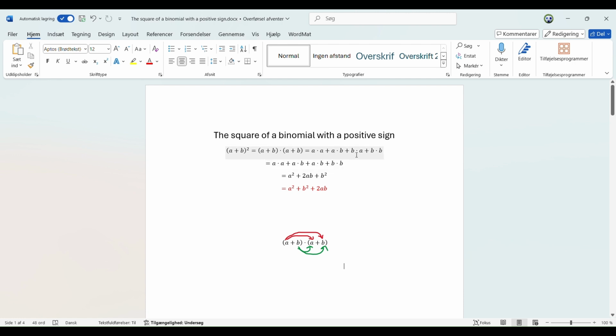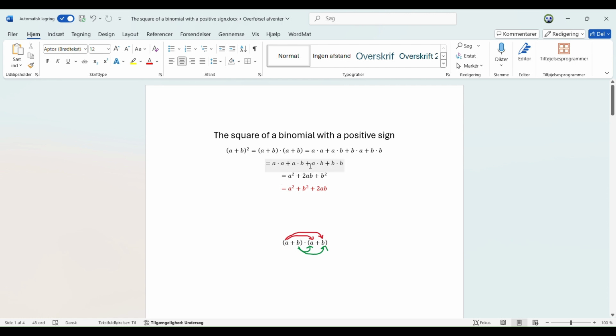So we just change the order here and do it like this, a times b. So we have once again a times a, a times b, a times b this time. We've just rearranged the a and the b, and then we have b times b.